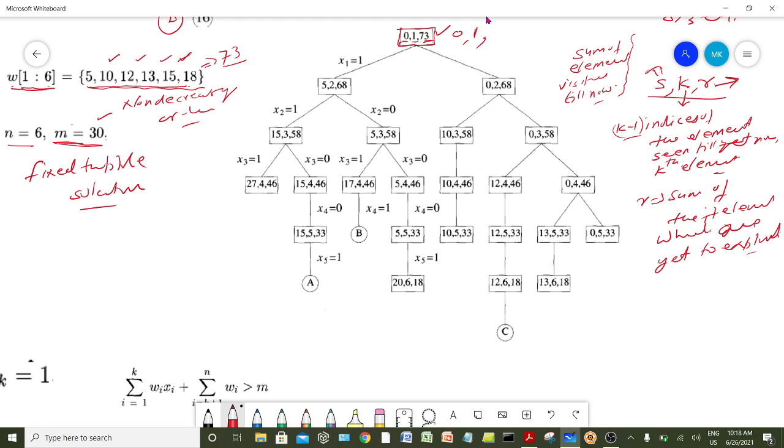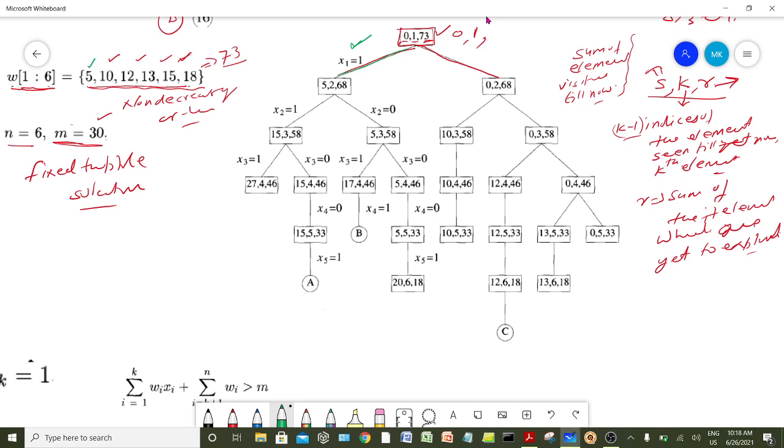Okay, so 1 will be included or 1 will be excluded. Fine. So let us explore the inclusion option. Means when item number 1 was included. If item number 1 was included, then its weight will be added, as its weight is equal to 5.